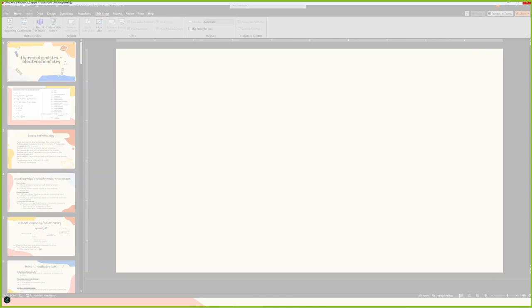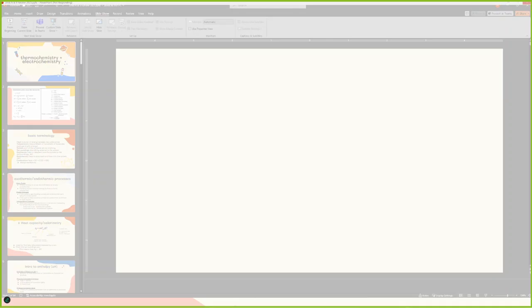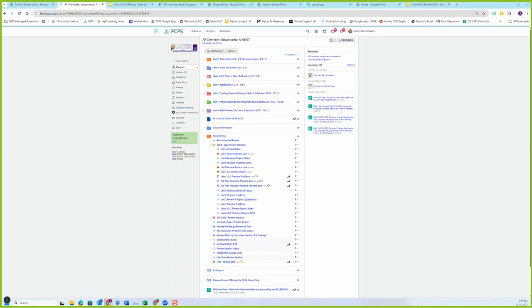PowerPoint is continuing to crash here. Let me try my task manager. Maybe I can get rid of it faster. It's taking forever to crash. End task. Thank you.